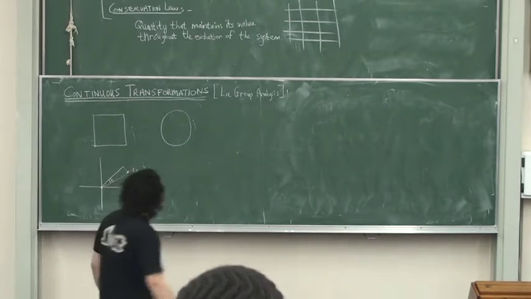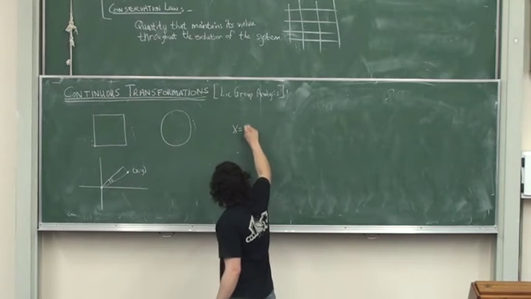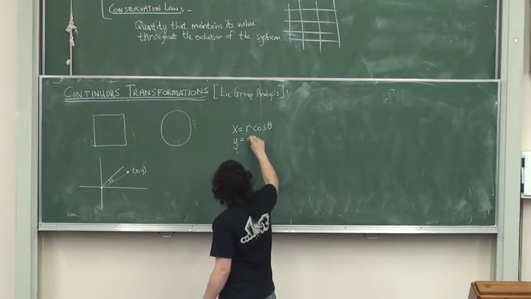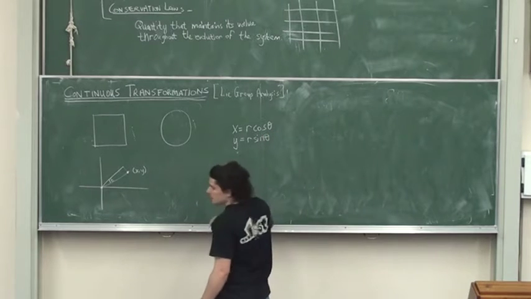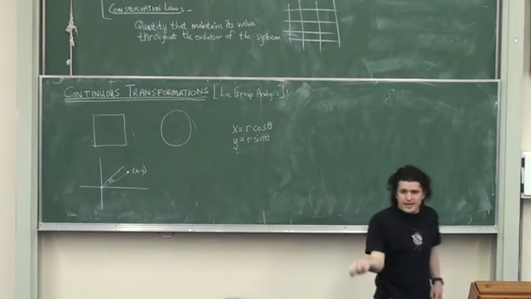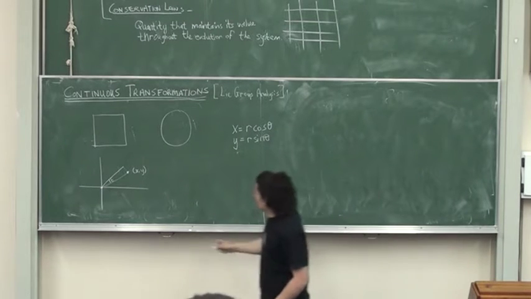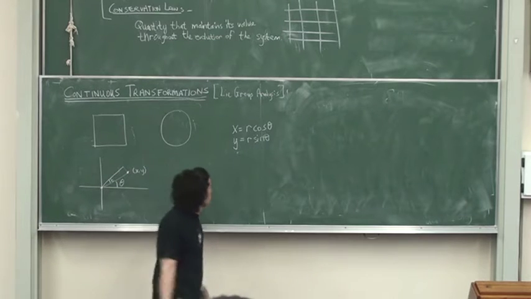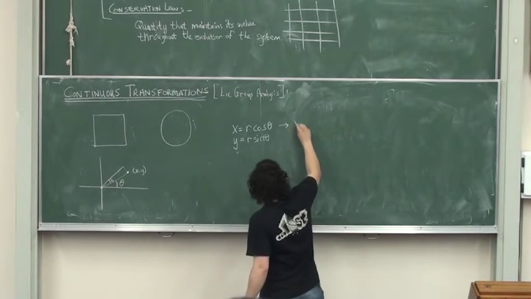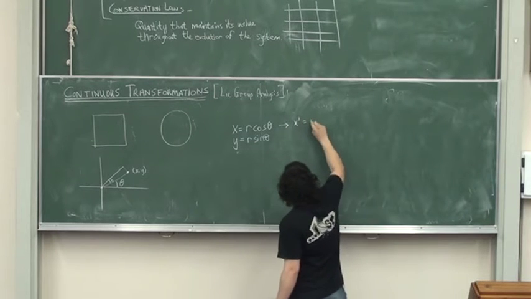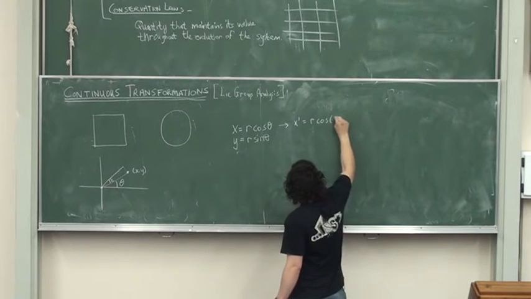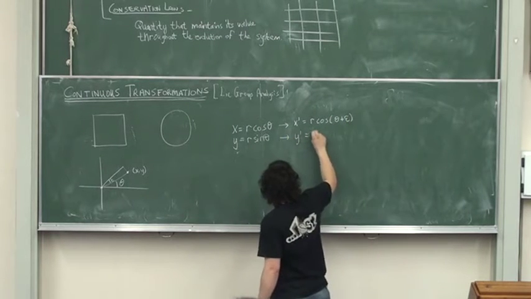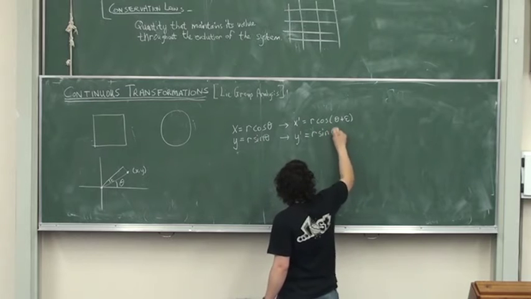So, to begin with, I can write x as r cos theta and y as r sin theta. Now, when I rotate through by epsilon, where theta is this angle here, I get a transformed system. X prime equals r cos(theta plus epsilon), and y prime equals r sin(theta plus epsilon).